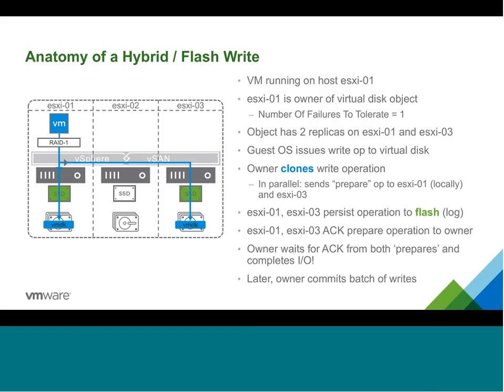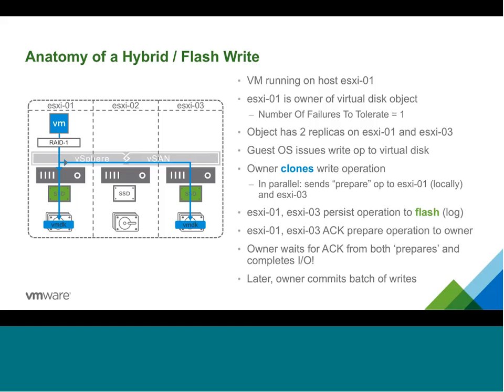So here, my VM is running on host 1, ESXi 01. Number of failures to tolerate is FTT equals 1. So one copy is kept on host 1 and the second copy, the replica, is on host 3, ESXi 3. Now the guest inside the VM issues the write operation.